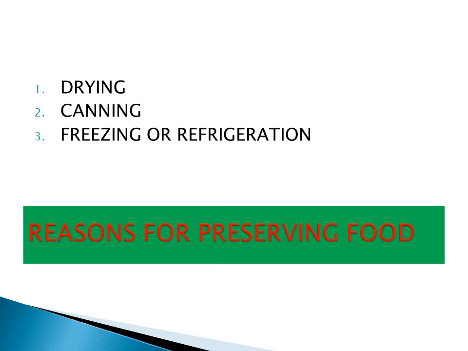2, for later use. 3, to conserve energy. 4, to maintain the taste and flavor of food. 5, to have food that is sometimes out of season. If it is fruits, let's say it is apple season, you can't eat all.